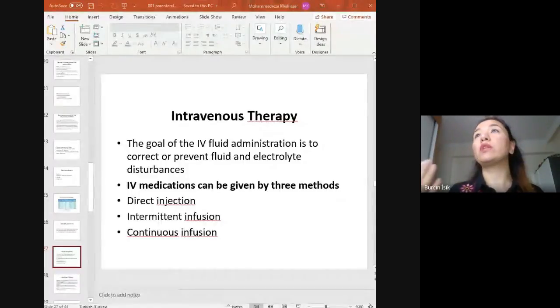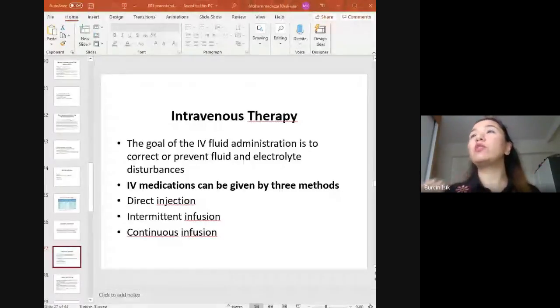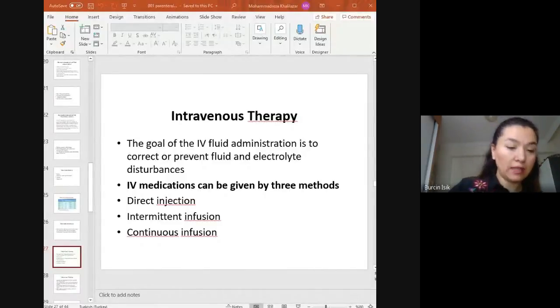So nursing must know about the reactions, and if reactions happen what to do, and which vein, which cannula, and what type of way we are choosing. And these are for the goal of the IV fluid, and the nursing must know about this.